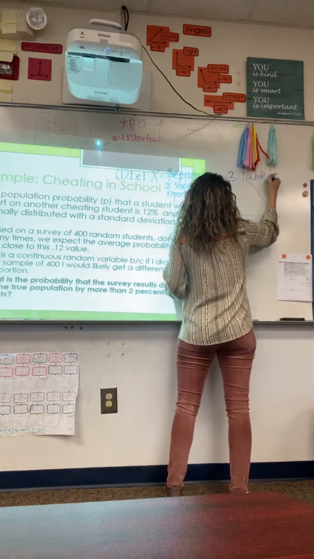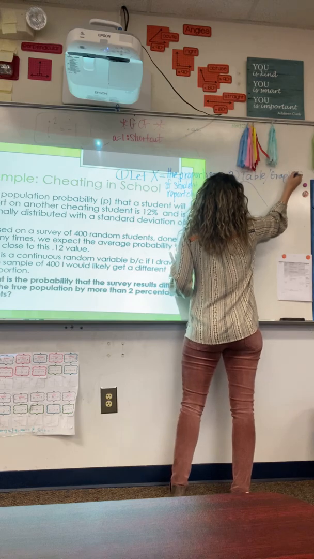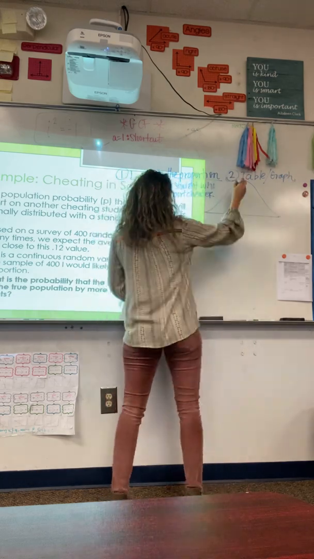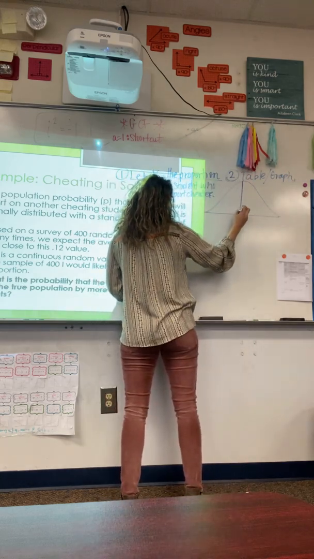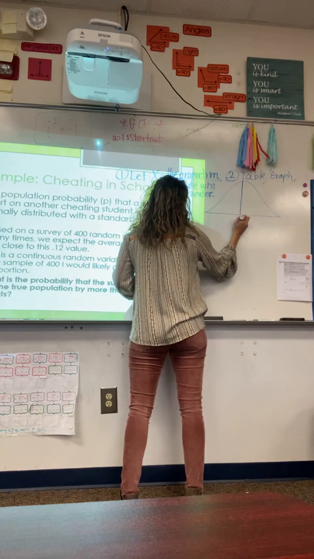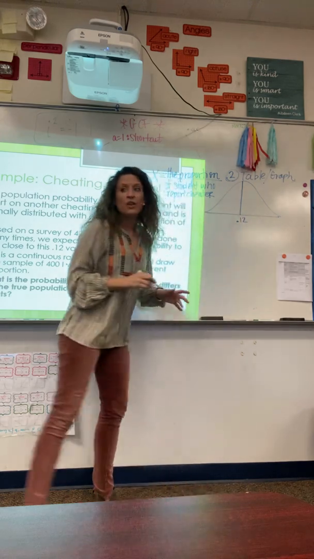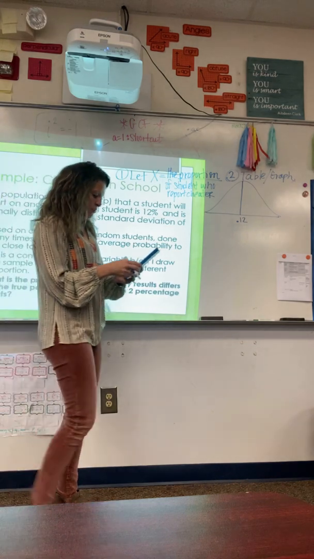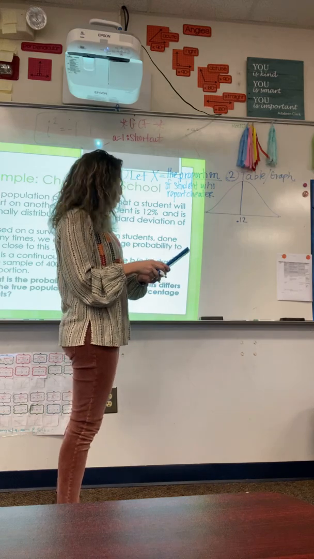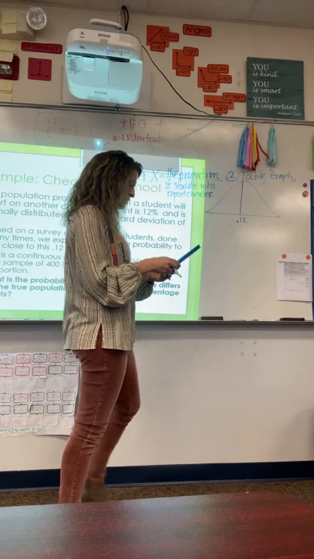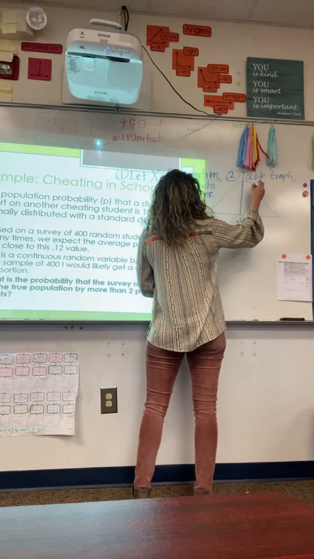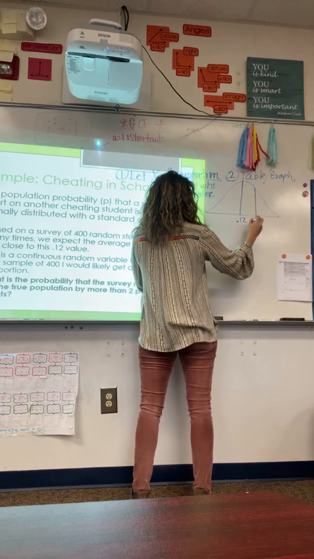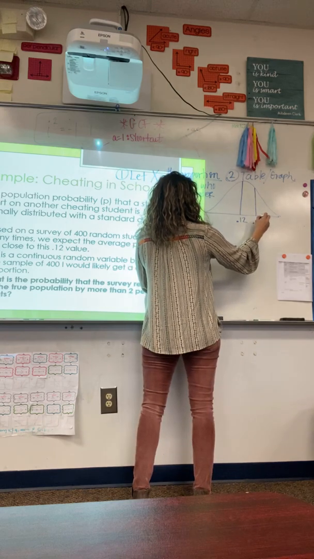And in this case, I can't do a table, but I can do a graph because it's a continuous random variable. So they did tell me that the mean is 0.12. And of those 400 people, they did tell me that the standard deviation is what? 0.016. So I'm going to do 0.12 plus 0.016. All right, so that brings me to 0.136.